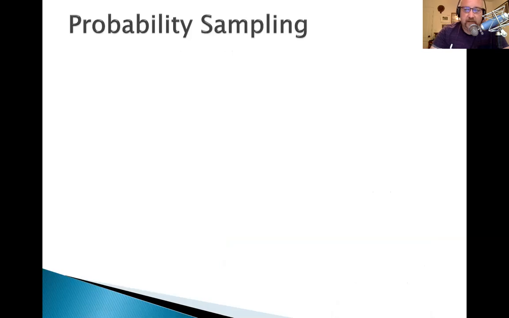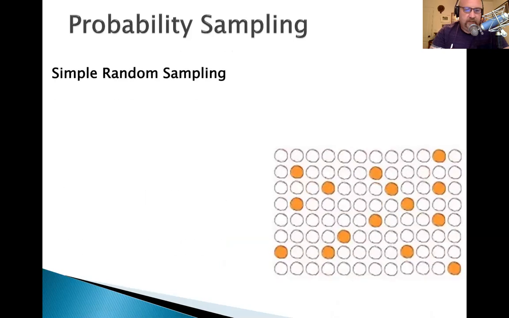First, let's look at probability sampling. There's some kind of thought and control here, but to different degrees. The first is simple random sampling, where each member of the population has an equal probability of being selected.